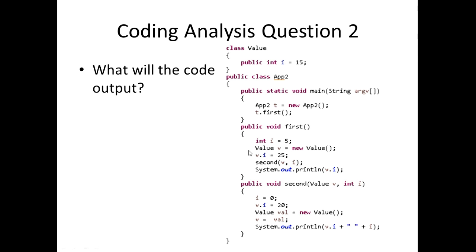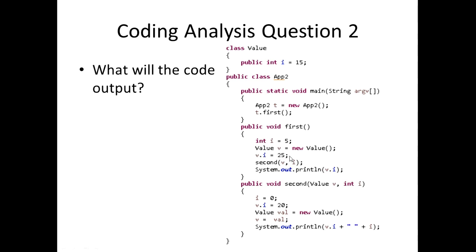Now after that, we're creating a new instance of value. So before we progress more, when we create a new instance of value, if we were to call v.i, this will be the value that we get, 15. But what we're doing is that we're calling v.i and assigning it a new integer here.